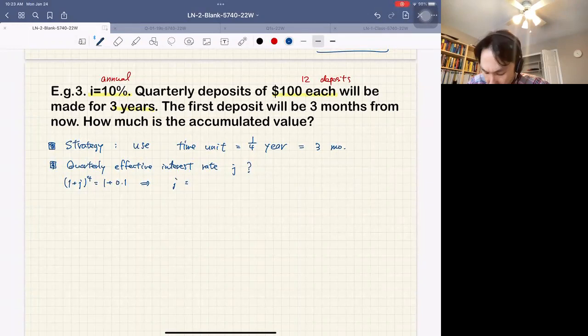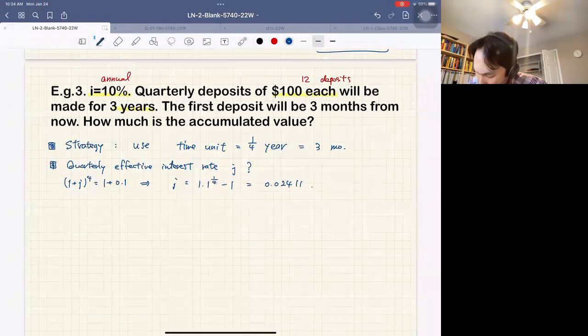So we take the 1/4 power on both sides. Then after that, we move 1. So j is equal to 1.1 to the 1/4 power minus 1. So this becomes 0.02411 or 2.4%. So that becomes the quarterly rate for a 10% annual effective rate.